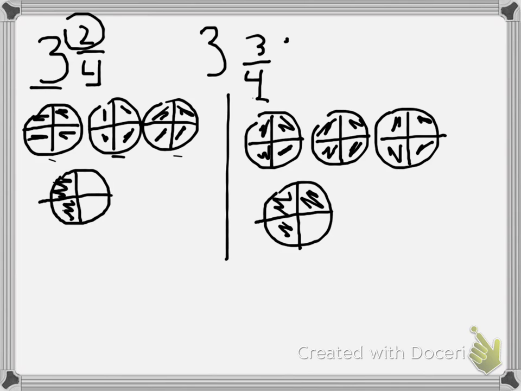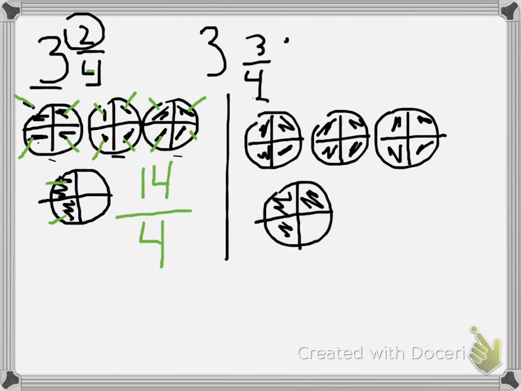So now I need to see which fraction has more shaded pieces. For 3 2/4, I'm counting the shaded parts. So I have 1, 2, 3, 4, 5, 6, 7, 8, 9, 10, 11, 12, 13, 14. That gives me 14 over my denominator of 4.